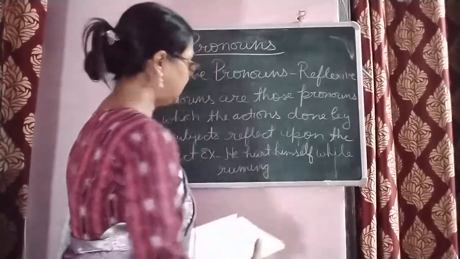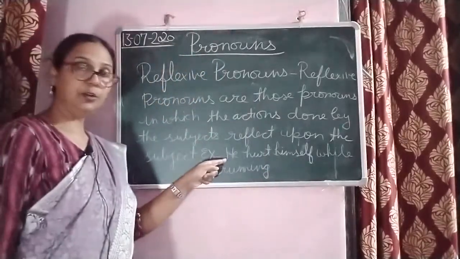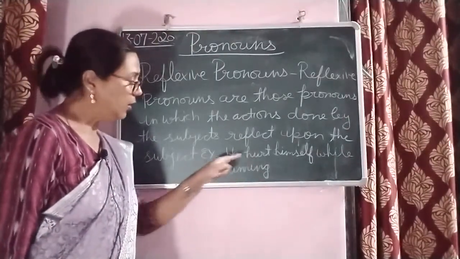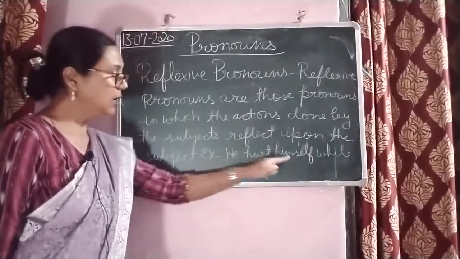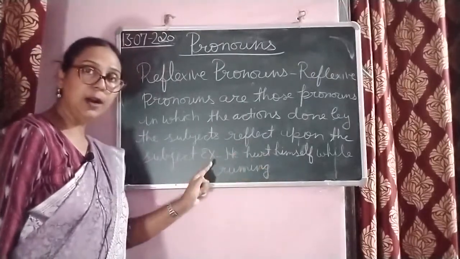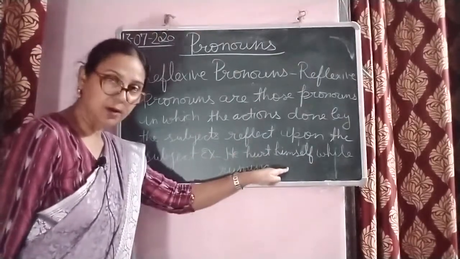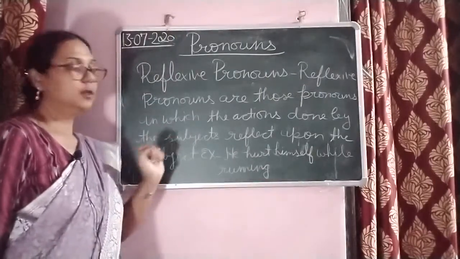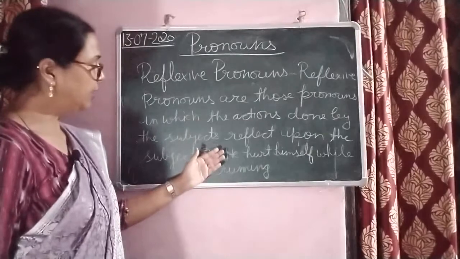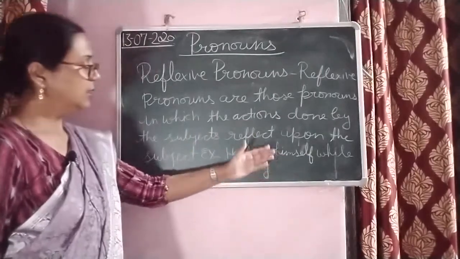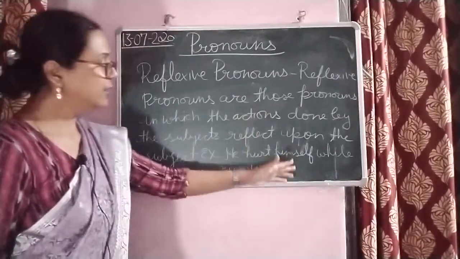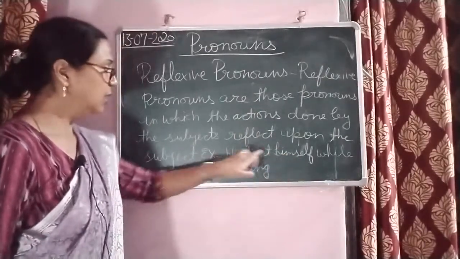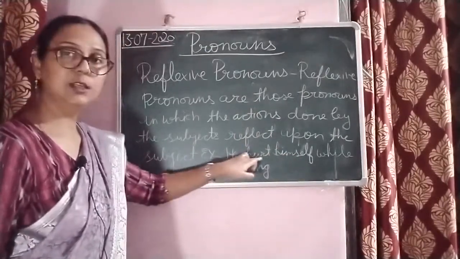Now here you can see he is the subject and hurt is the verb, and now here you can see he hurt himself. Who hurt him? He himself hurt himself while running. So the action is reflected back by himself. It means the subject also did this work.